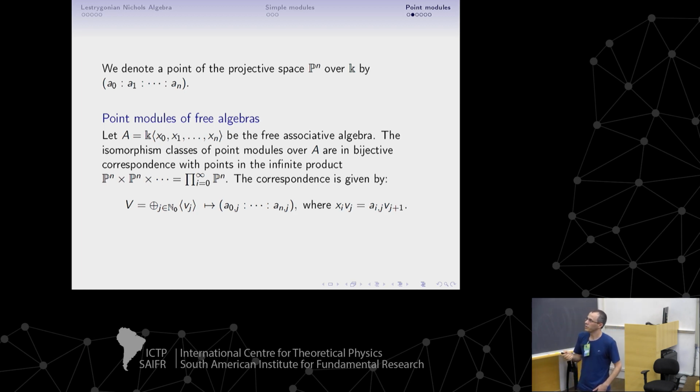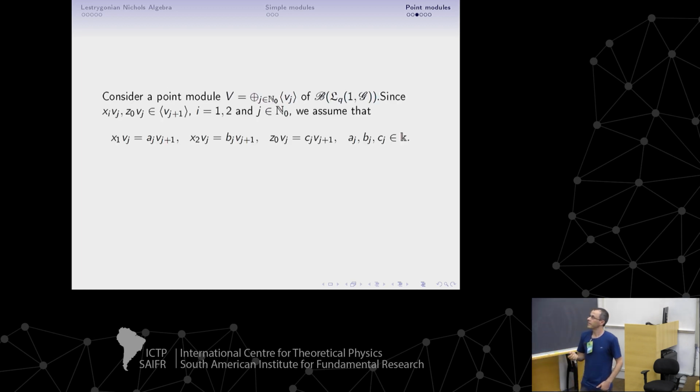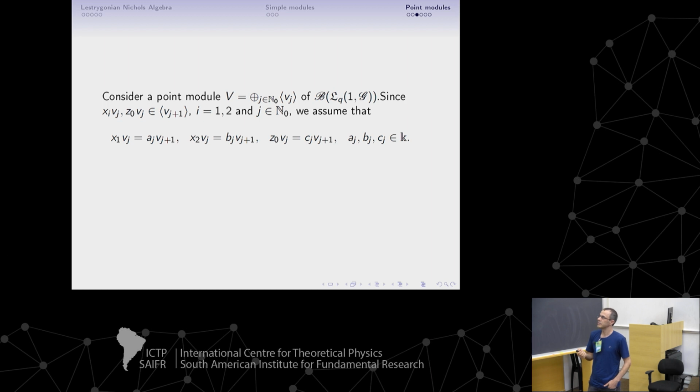In the first column, you put the action of x0. In the second column, you put the action of x1. In our case, we have this situation: x1 acts on Vj, we put Aj for the scalar, x2 Bj, and x3 Cj.